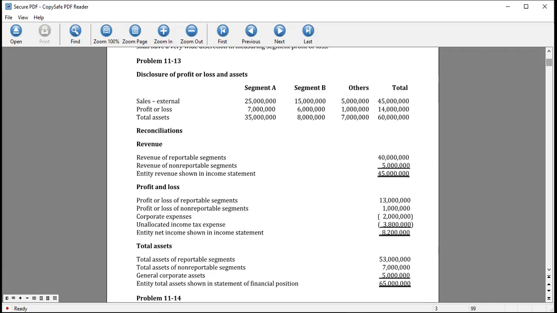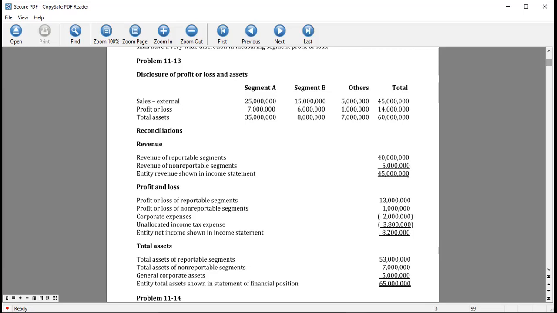We are now adding sideward sales total 45. Profit or loss, 14 million, no? The sales, 45 million. And total assets of 60 million.